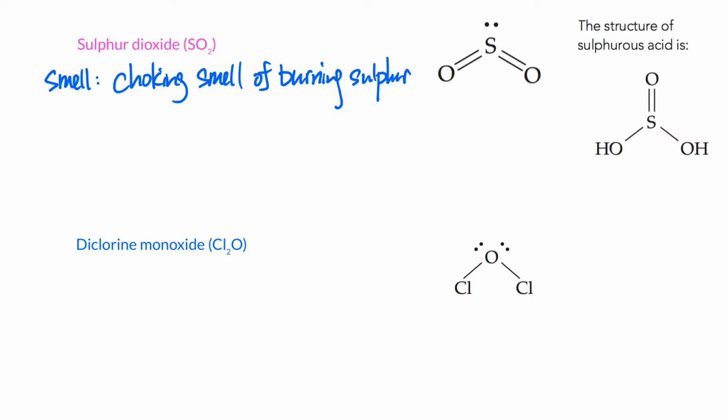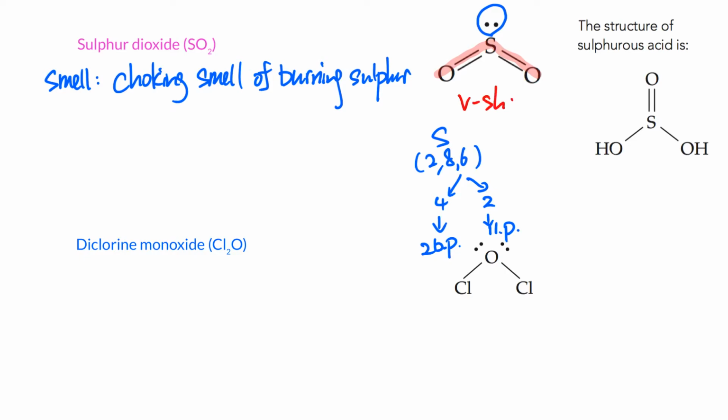So for SO2, we have S, which is 2,8,6, and each O needs a double bond, so they spare 4 electrons to form 2 bond pairs, and then you have 2 left behind to form 1 lone pair. So we have 1 lone pair and 2 bond pairs there. The shape of the molecule is a V shape. We say that it's a V-shaped molecule.